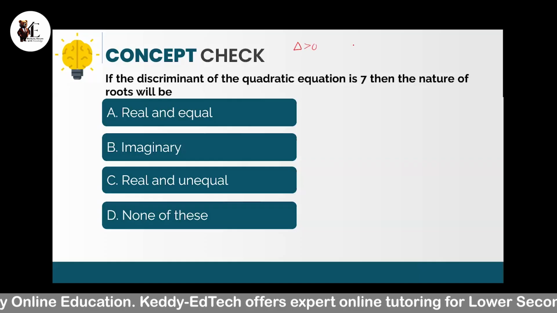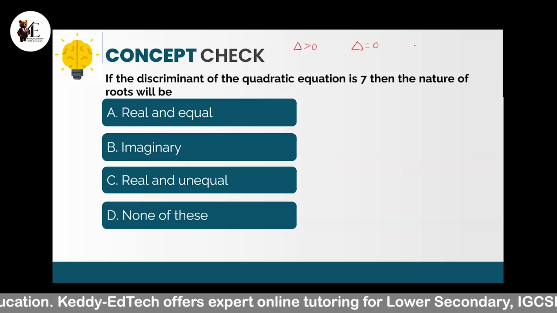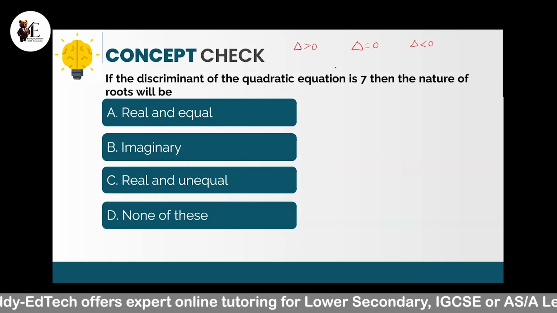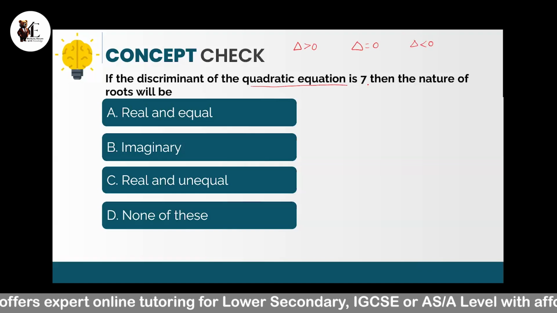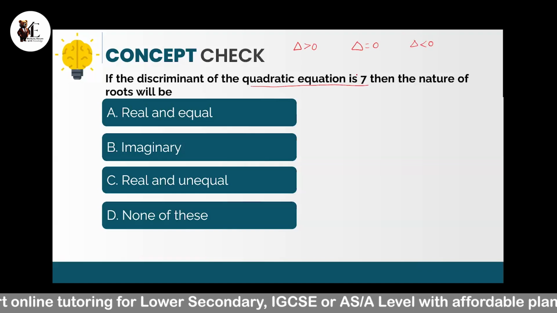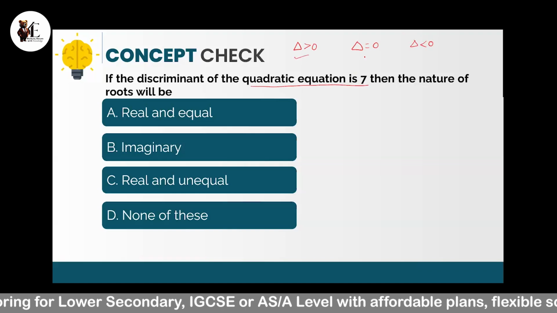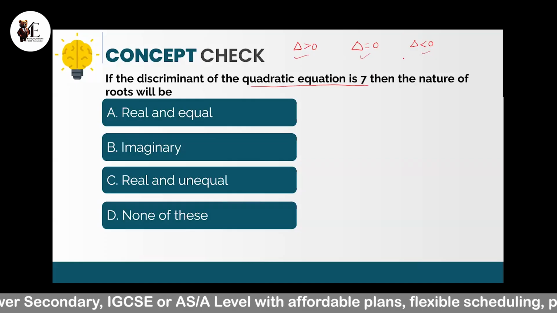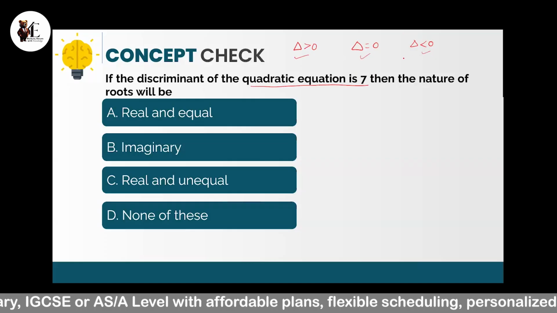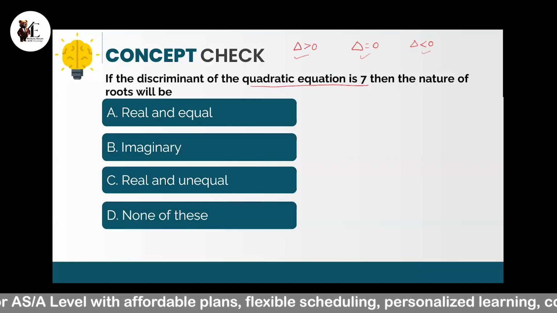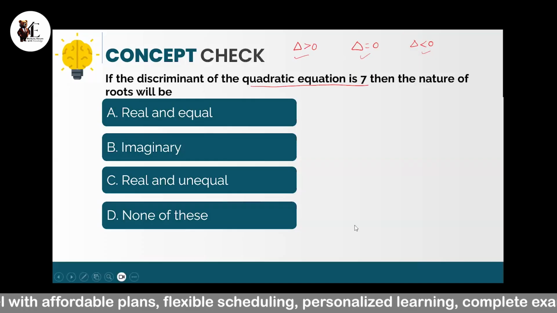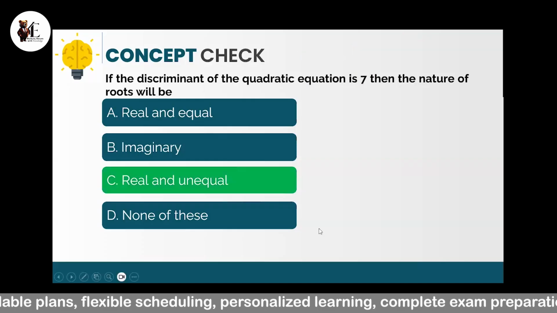The first one was this, second was this, and the third one was this. Now it is given that the discriminant is 7. So it is fulfilling which condition? The first one, the second one, or the third one? I think it would be C. Yes, that's correct. Real and unequal.